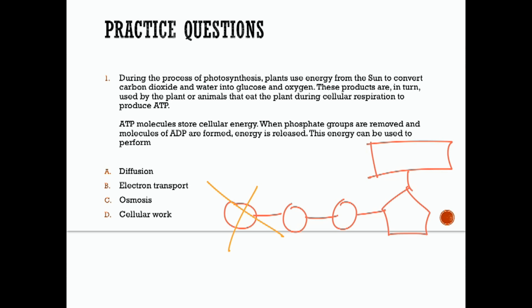So when a phosphate group is removed from an ATP molecule, a molecule of ADP is formed, okay, ADP, and energy is released. So it can be used by the cell to perform cellular work, such as obtaining, transforming, or transporting materials and eliminating waste. So ATP, the energy from it, is all about being able to perform cellular work. So D.